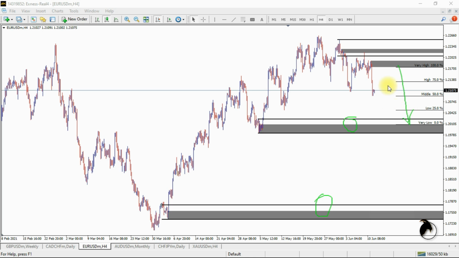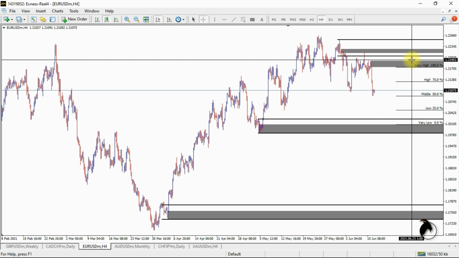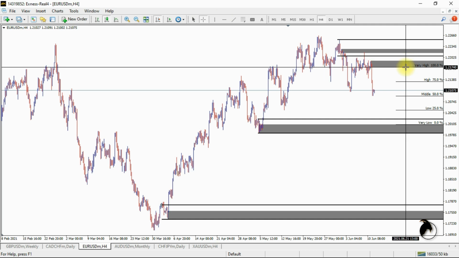TP number 1, then TP number 2, right there, which is 414 pips. That's a lot. If you're using risk management, this will affect your account in a very positive way.